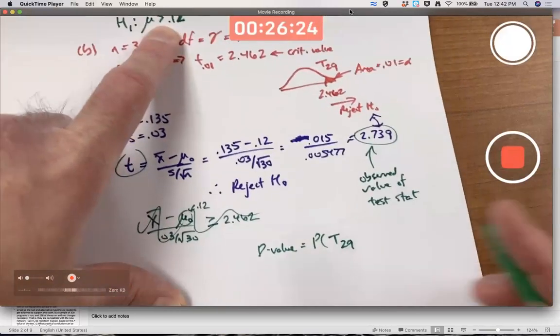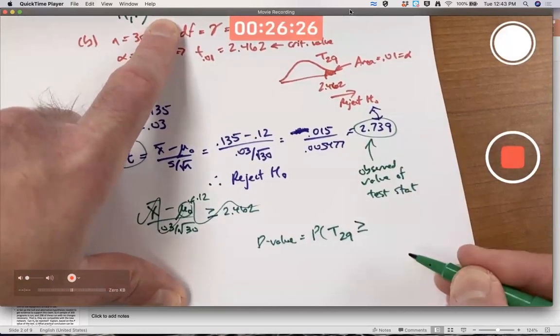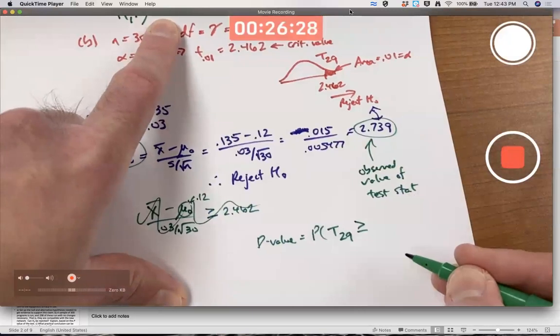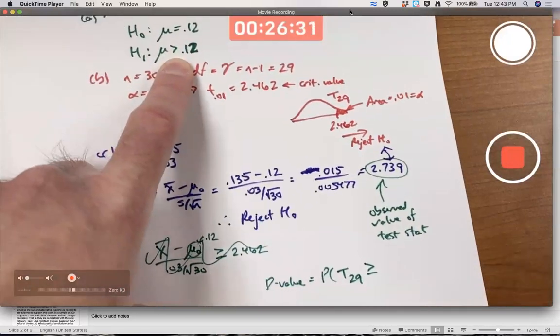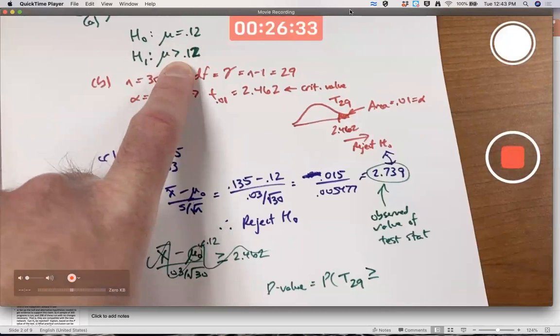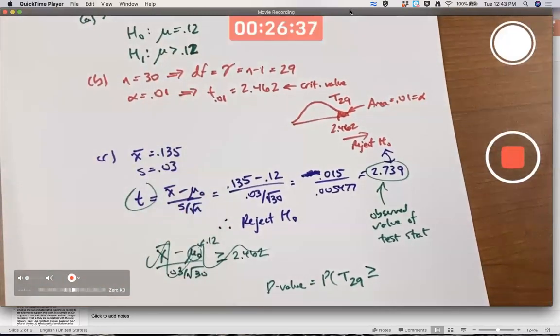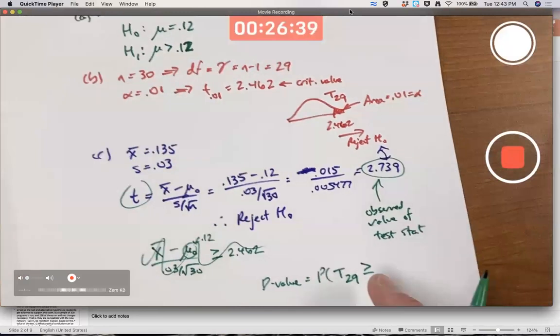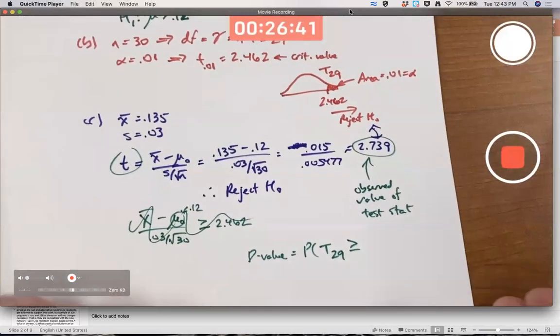So I want greater than or equal to there. If it were a left-tailed test, like on the exam, it would be a less than or equal to. If it's two-tailed, then if your distribution is symmetric like these are, you'd find a one-tailed p-value and you double it effectively.